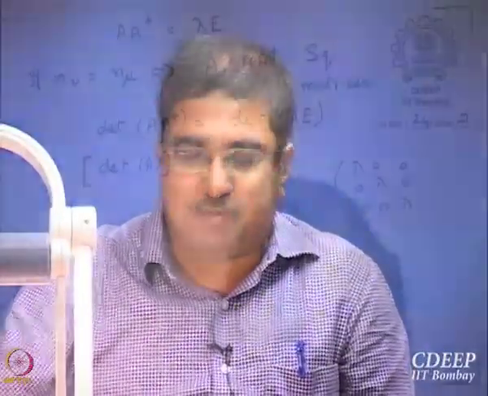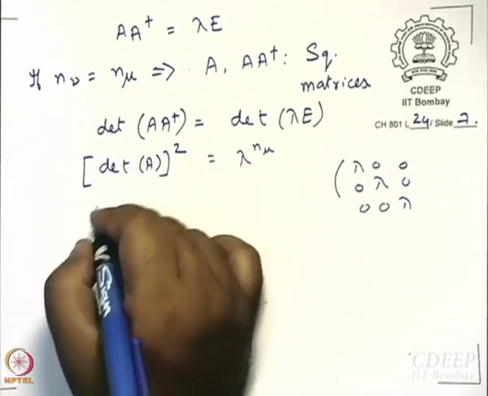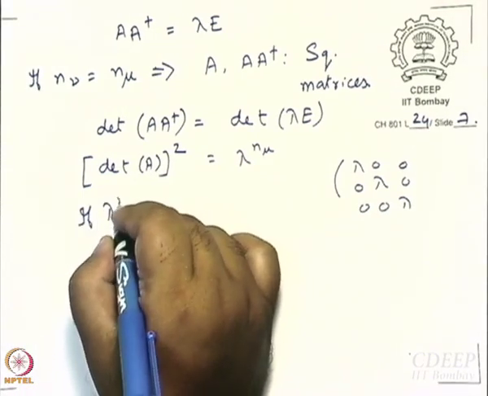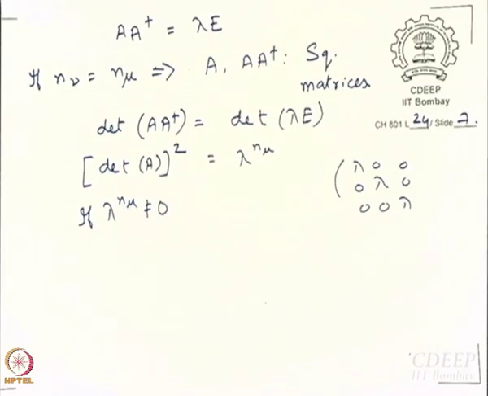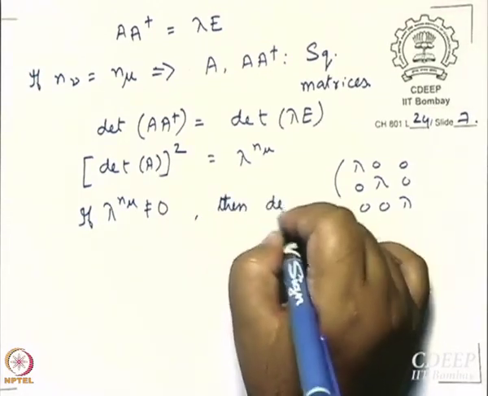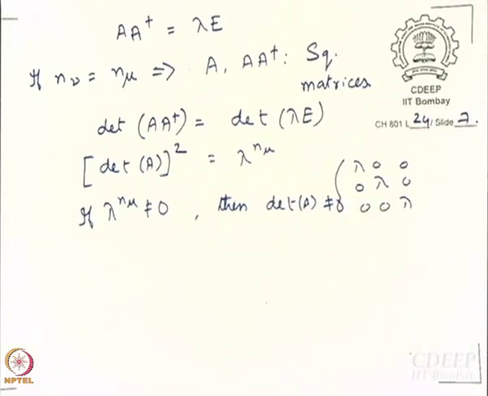So what is det A then? Det A is square root of lambda to the power n mu, right? So if lambda is non-zero, lambda to the power n mu is non-zero, then det A is also non-zero, right?